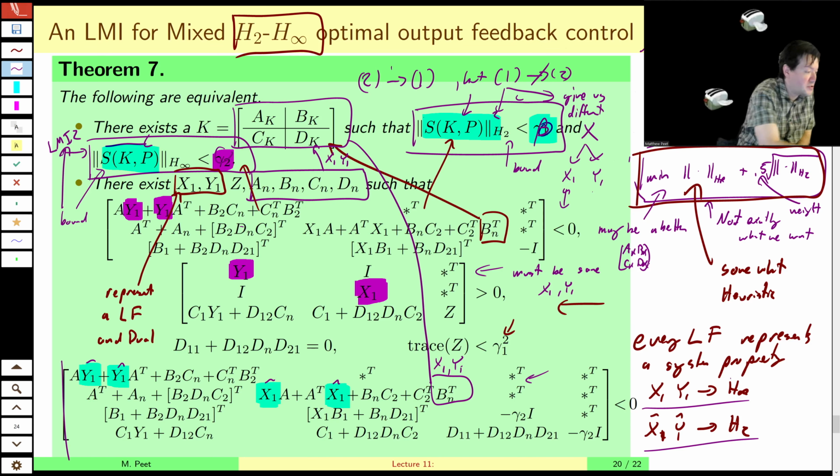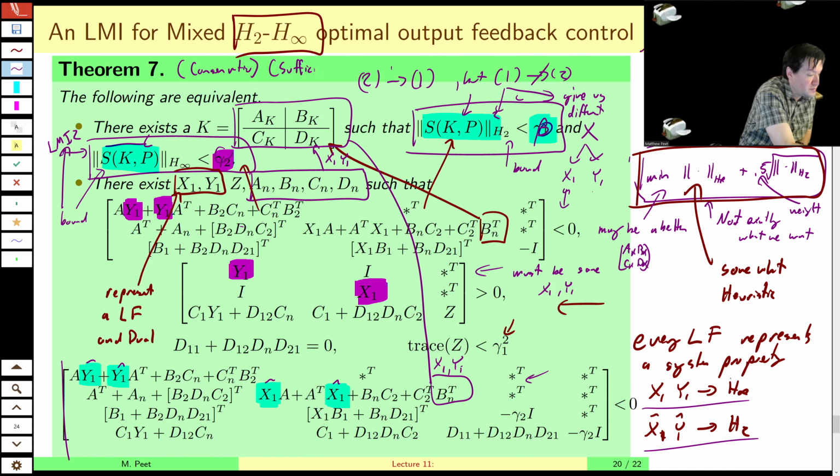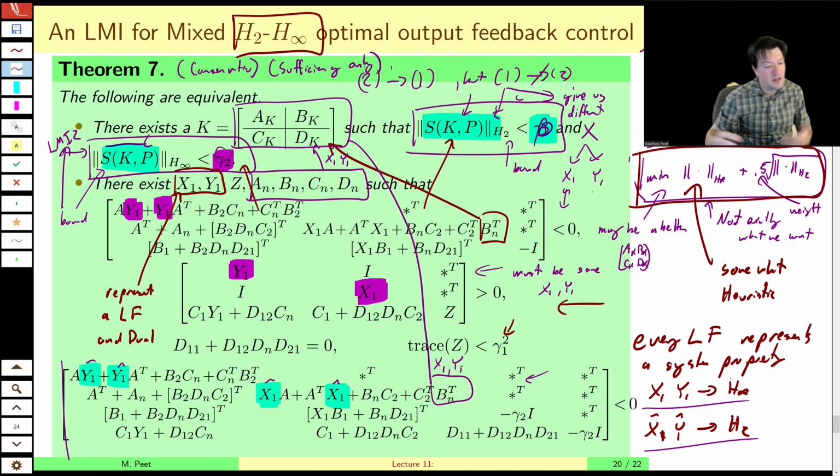So this is conservative, a sufficient condition. But it's the best we can do, right?